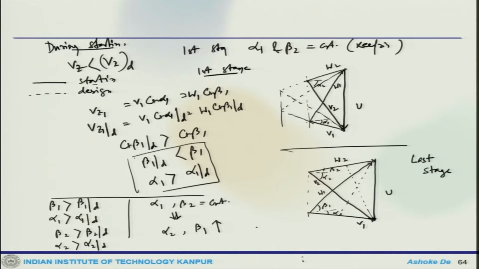Now the increase in alpha 2 and beta 1, or alpha 1 and beta 2, essentially increases the loading. So, higher pressure rise plus possible positive incidence separation may cause stall and surge.